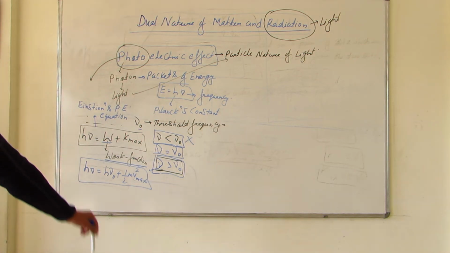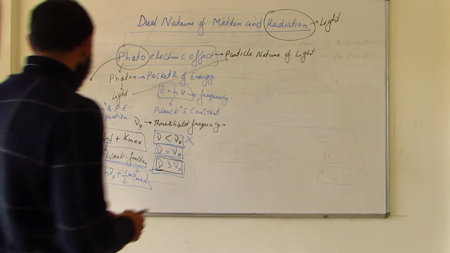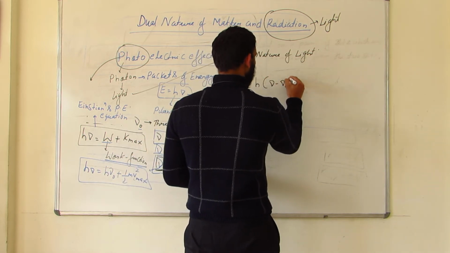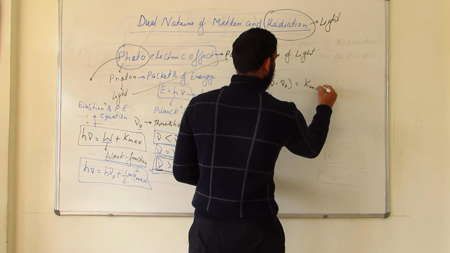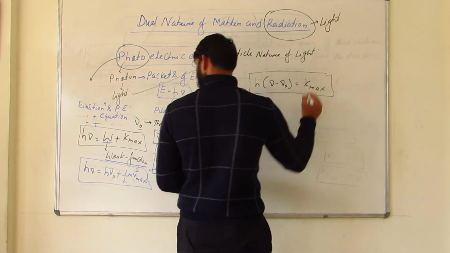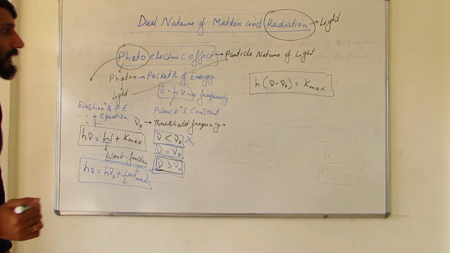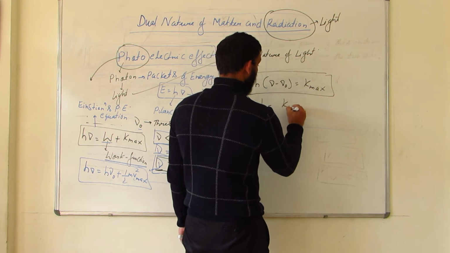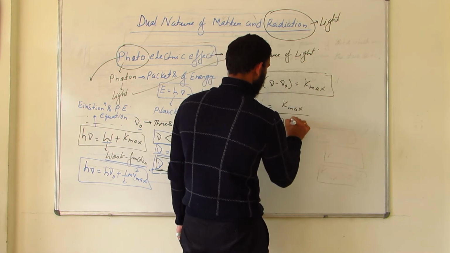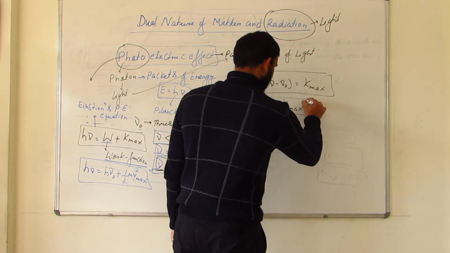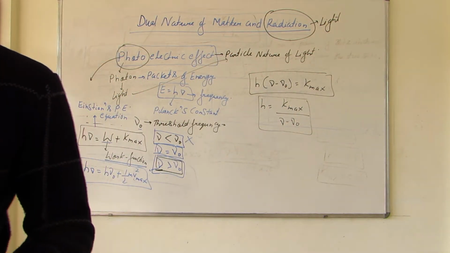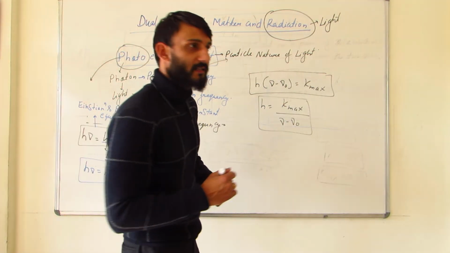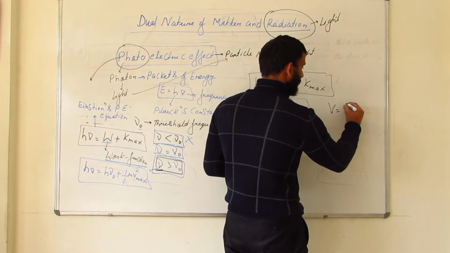This is one more version of this equation, and if I further write it, it will become h times nu minus nu naught equals K max. This is one form of the equation. And I want all of you to remember this, that h is equal to K max upon nu minus nu naught. We will be using this in the next class maybe, and that's why this is important for you all to understand. Now guys, one thing you should understand, that we have studied potential, and potential is work done per unit charge.